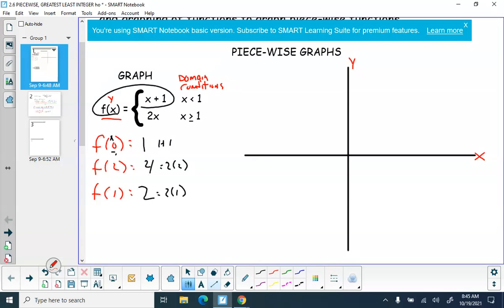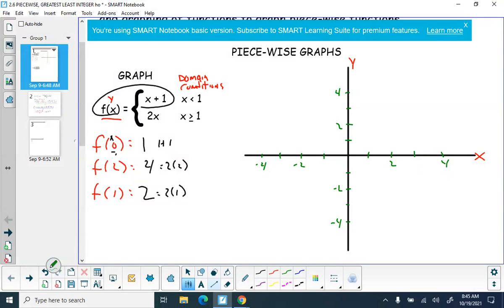So if we take a look at the graph of our function, I used to teach this by getting the x values, plugging in the x values, solving for y values, and then graphing the ordered pairs.